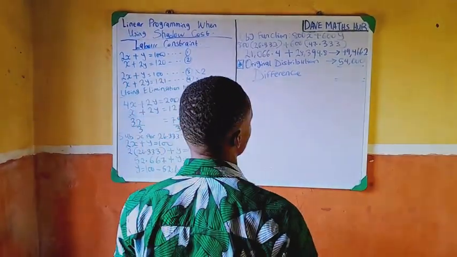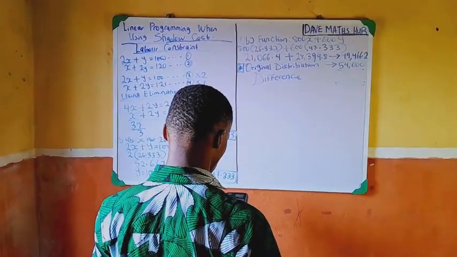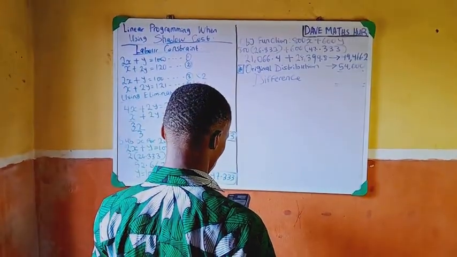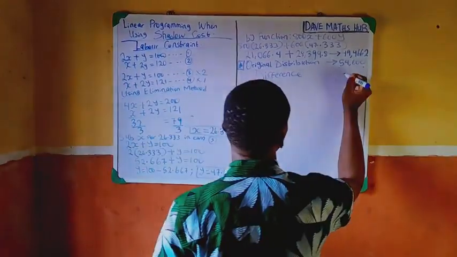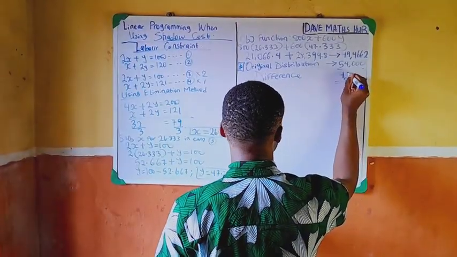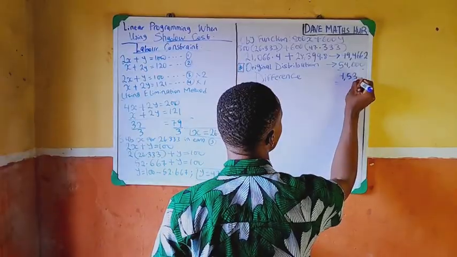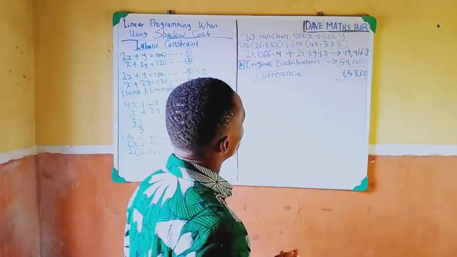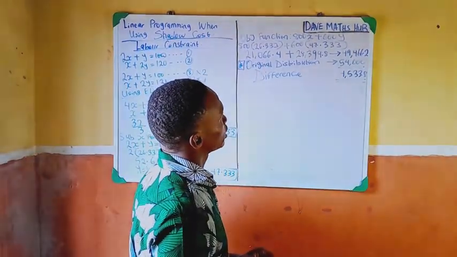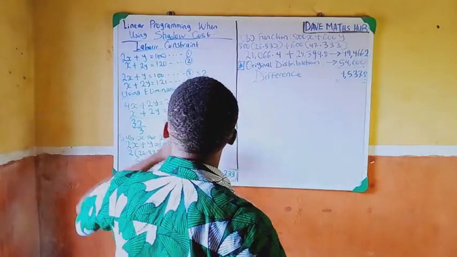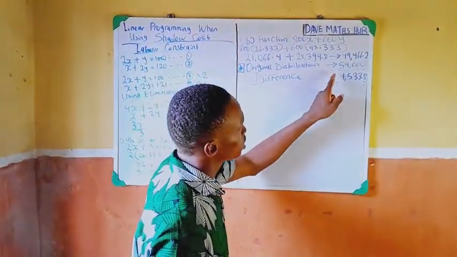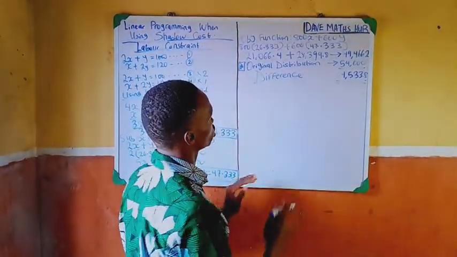So the difference now will be 54,000 minus 49,466.2, giving us 4,583.8. So from this now, we can see when we tried adding additional units for labor, we got a negative, that is a reduction.